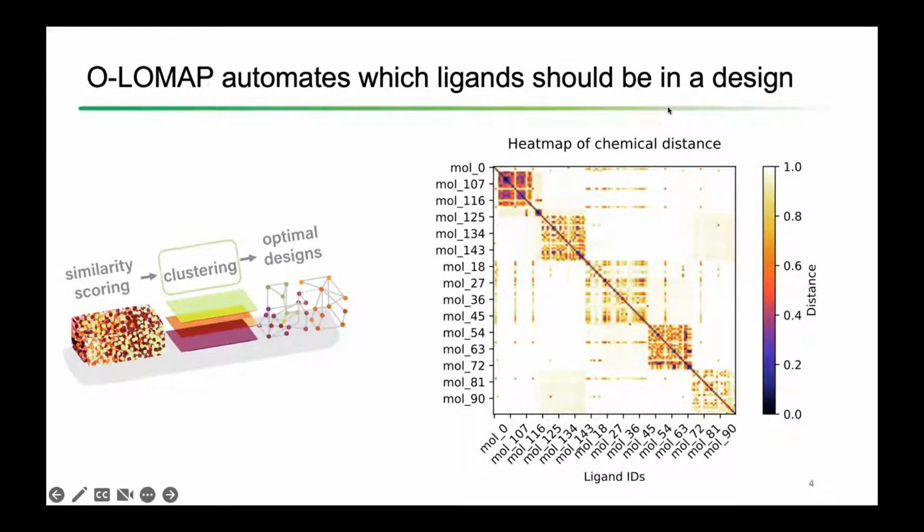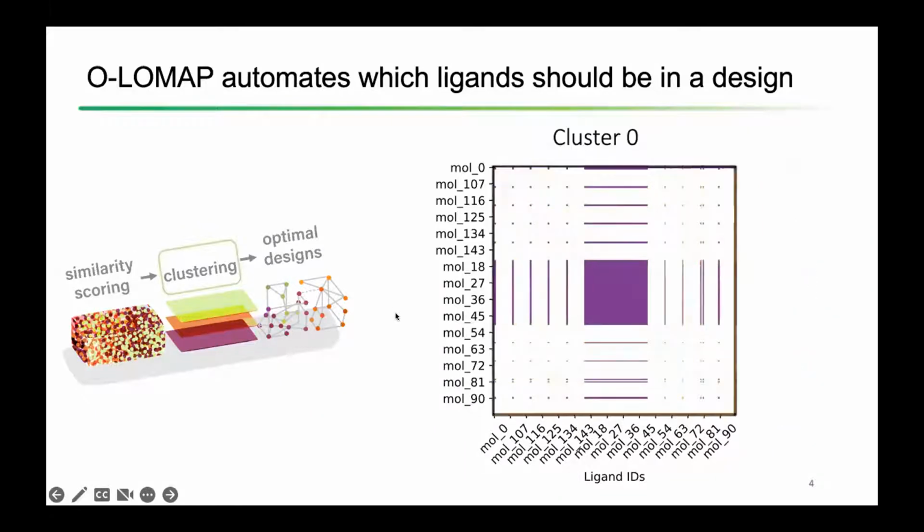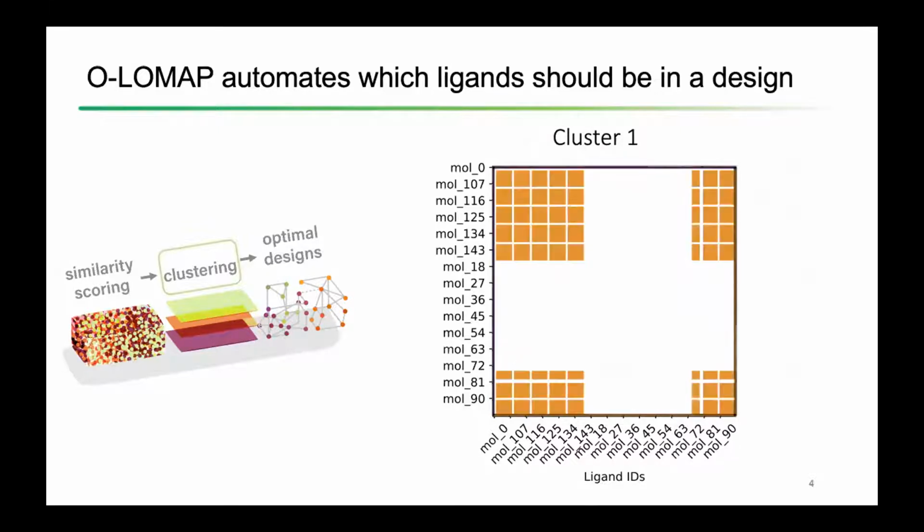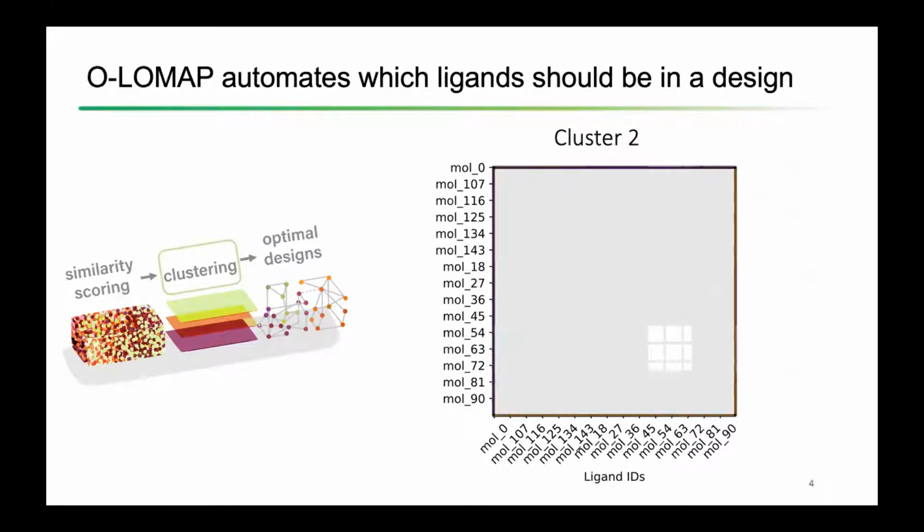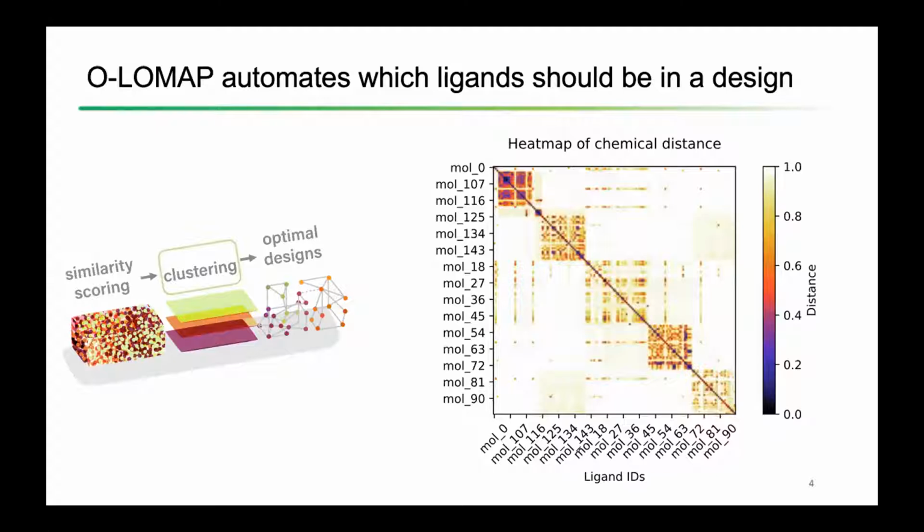And we output a heat map for you, like the example shown here. And we form clusters of groups. For example, in this case, we would have 3 clusters, cluster 0, 1, and 2. And then those clusters can be sent on for optimization.